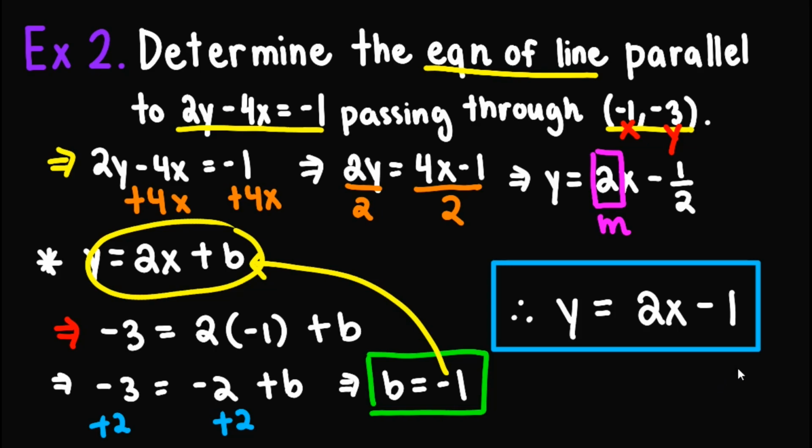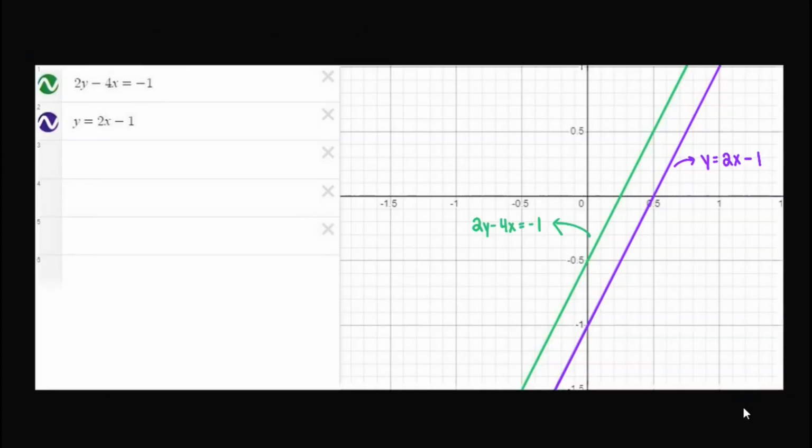To prove that this is correct, here's a sample graph or illustration. This one is the given equation, and this one is our obtained equation. As you can see, these two lines are indeed parallel.